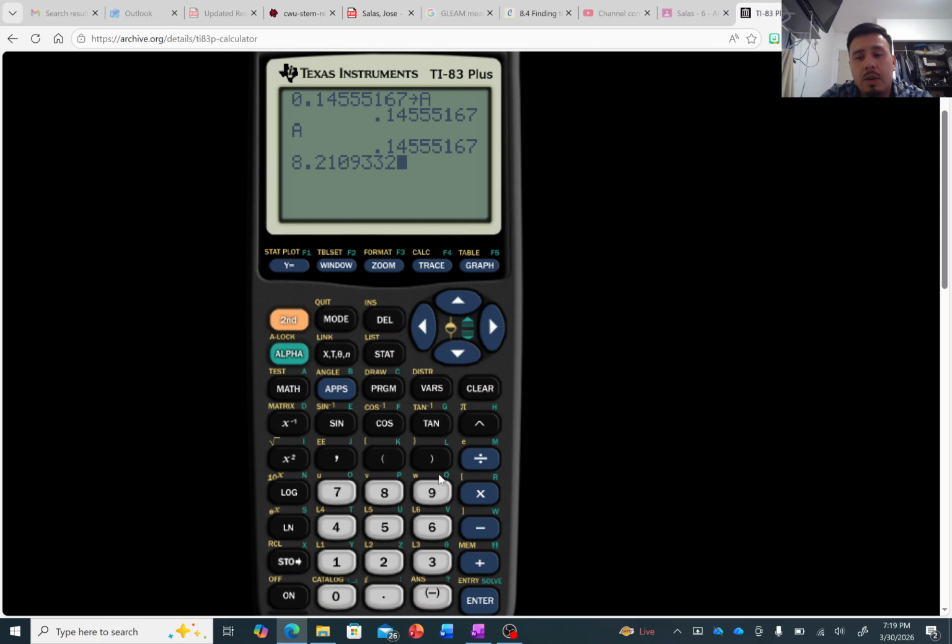Perfect. I'm going to hit store again. I'm going to save it under B. So alpha, this was A, so this one's B. Hit enter. Again, just verifying alpha B. Enter. Boom. Okay, perfect. I stored it correctly.